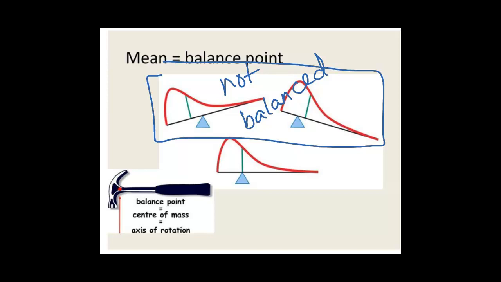That's right. It balances at the base of the hammer's head. That's because the mass of the hammer head is the same as the mass of the rest of the hammer. The same principle applies to distribution curves. The mean will lie on the curve so that the left and right sides offset each other.